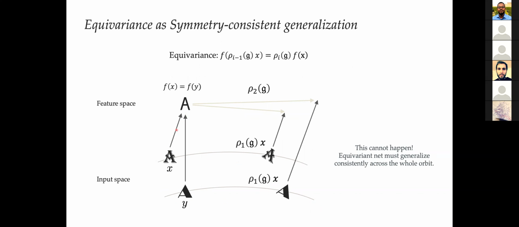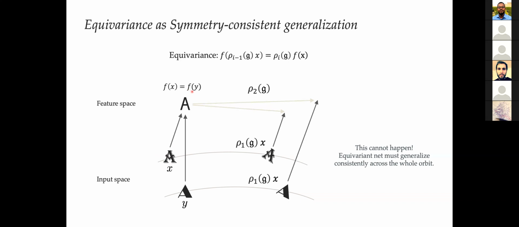Now we also have our network, which maps this input to some feature vector. This feature vector here is symbolized by this generic letter A, because we assume in this example that the network has learned that it's a good idea to map x, this letter, and y, this other font of the same letter A, to this generic A, because it should classify the digit regardless of the font. So these are the same.